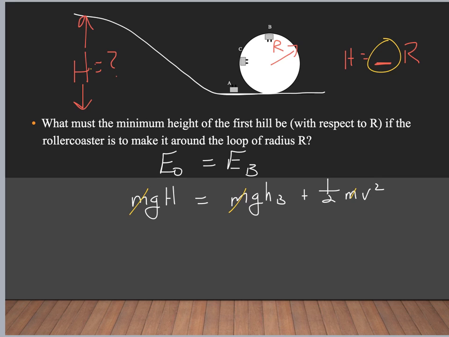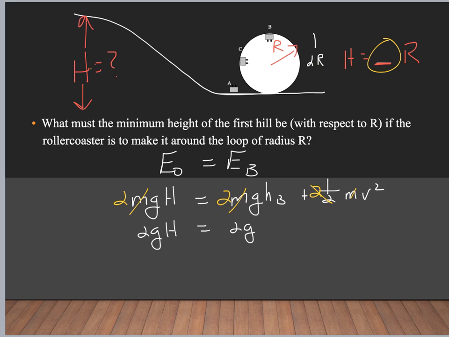We can still do the multiplying by 2 to cancel out that 1/2. And we end up with 2gh equals 2ghb. But what does that height at point B have to equal in terms of the radius? So we're assuming this loop is a perfect circle. All right, so radius is half of the diameter.